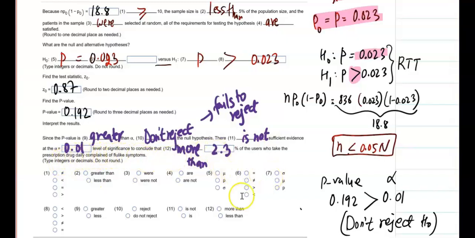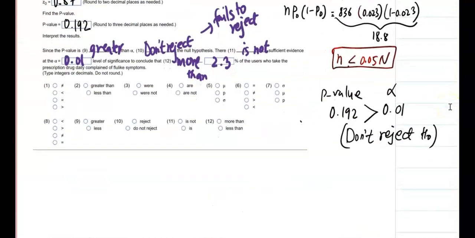So that's how you conclude. There's just a bunch of options in the drop down menu. You select the right one based on your work. Okay, that's question number 9.